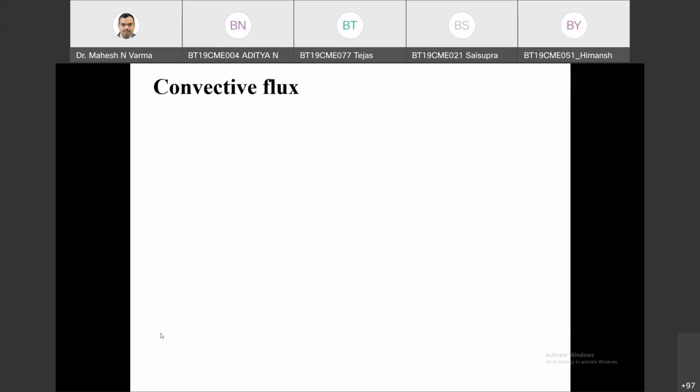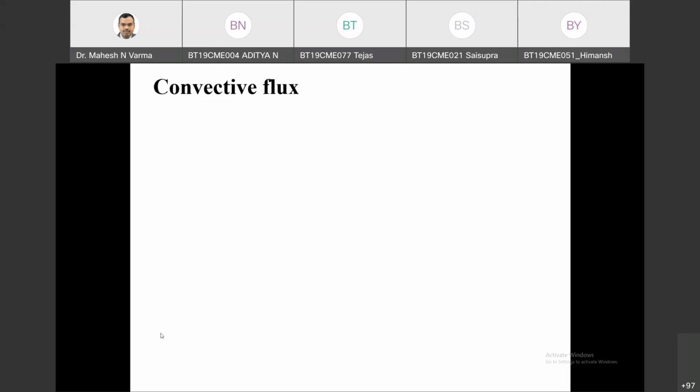Hence H into delta T, and the similar equations in momentum transfer and mass transfer, are referred to as a convective flux. But that is fundamentally wrong. That is not purely a convective flux.